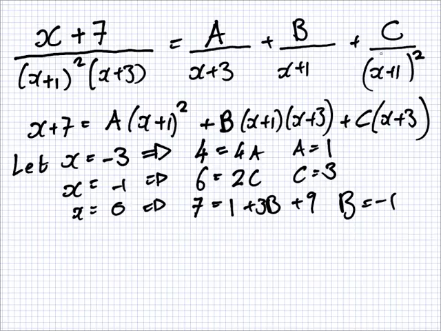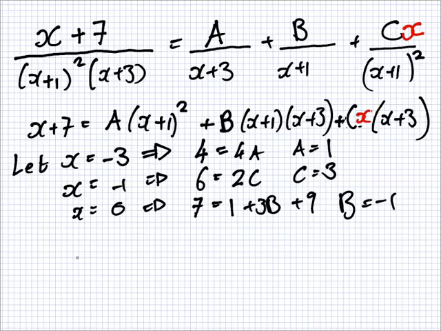Now I think this is maybe where it gets a bit different. If I put x equal minus 1, then that means I'll get 6 equals, 2 times minus 1 is minus 2, I'll get minus 2C, and this time C will equal minus 3.